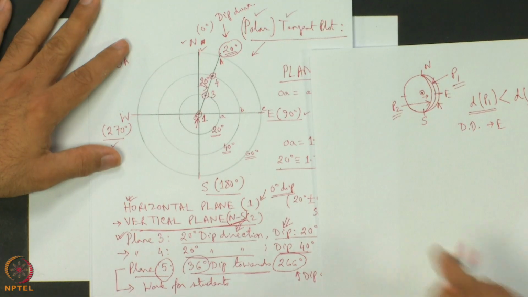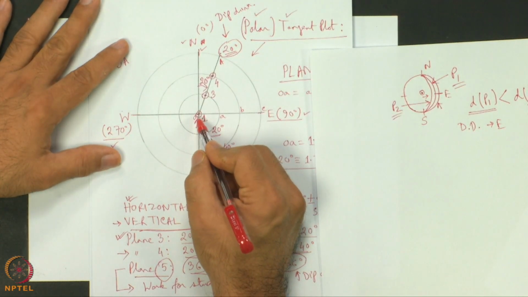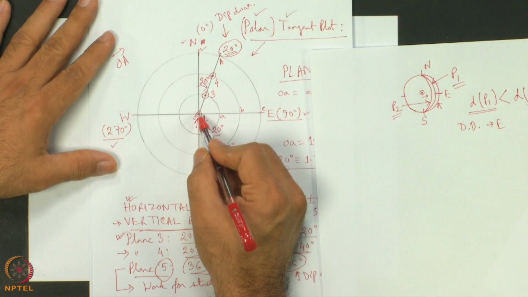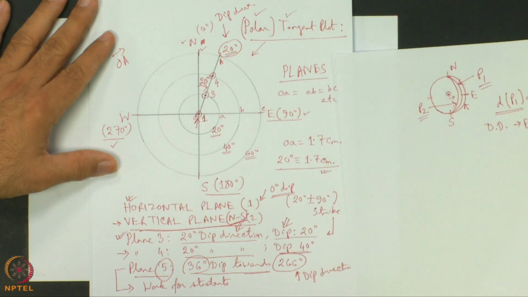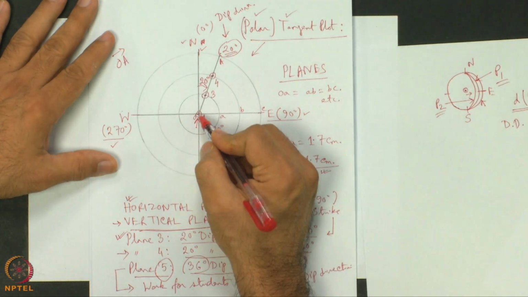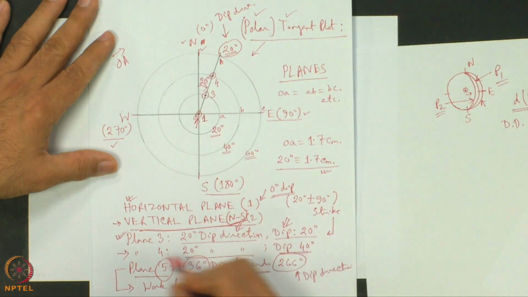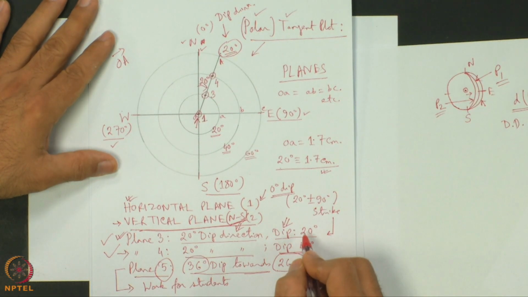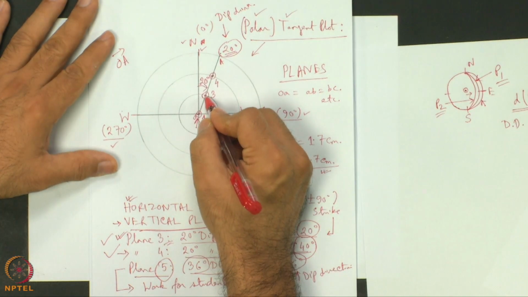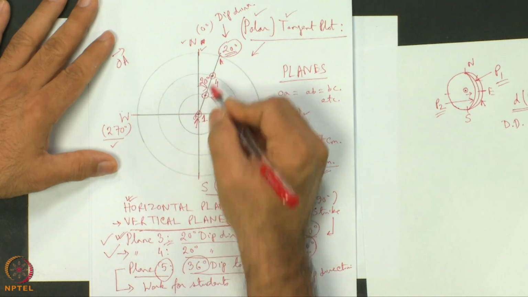Whereas, in case of a polar tangent plot, a plane which is having lesser dip amount is closer to the center. For example, consider plane 3 and plane 4. Here plane 3 has lower dip than that of plane 4, and plane 3 is plotted closer to the center than that of plane 4.